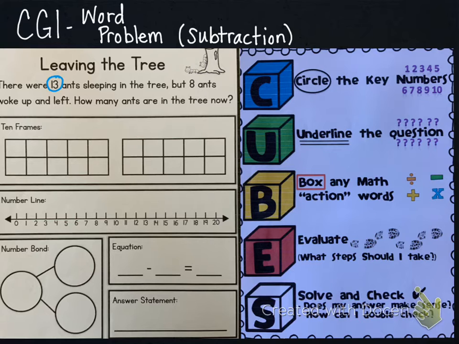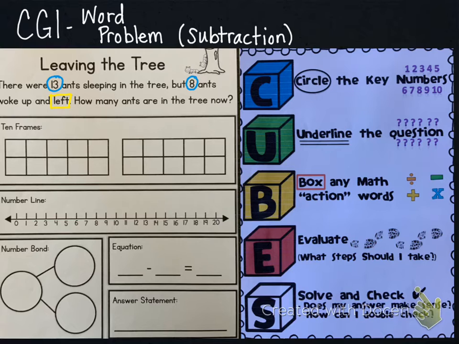The next one says, but 8 ants woke up and left. Okay, so 8's an important number, but we also have another important word in there that we need to remember. It says left. Not left like your left hand, but left like goodbye. That is one of our action words that we need to know.